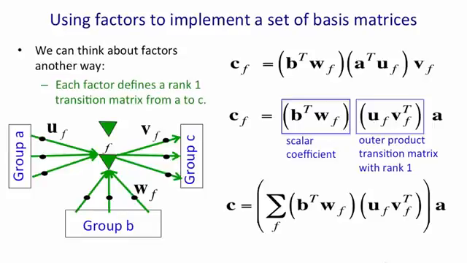So we can see that we've synthesized a transition matrix out of these rank 1 matrices provided by each factor, and what the current character in group B has done is it's determined the weight on each of these rank 1 matrices. So B times w determines a scalar coefficient to put on each of the matrices out of which we're going to compose this great big character-specific weight matrix.